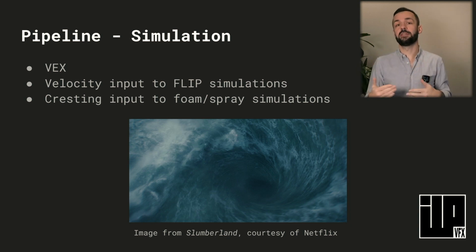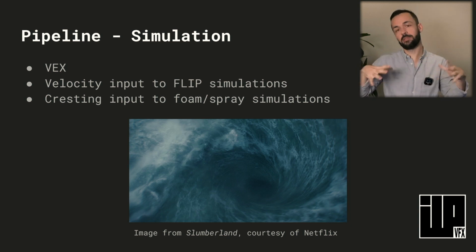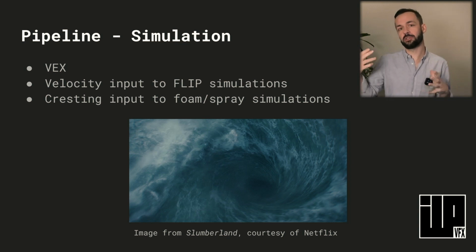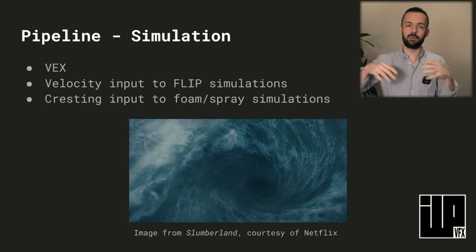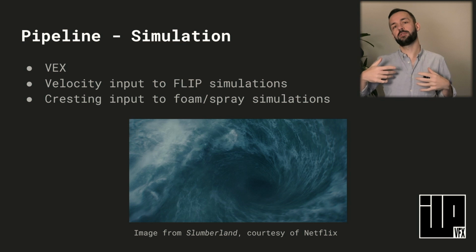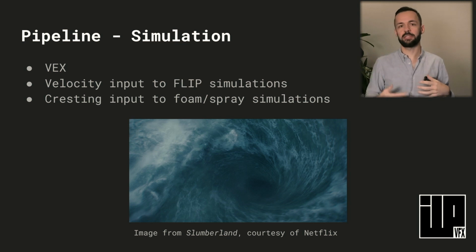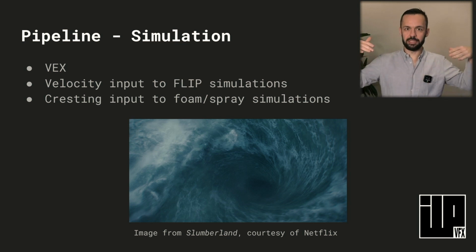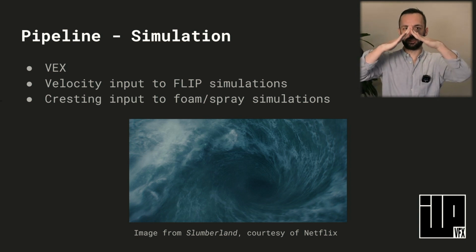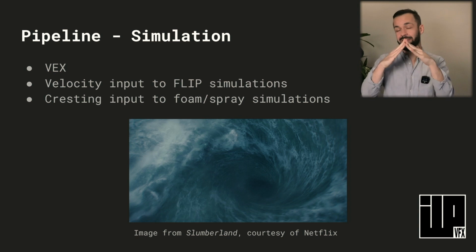And this is where VEX comes in again, because you can set up the simulations and inject the velocities into FLIP simulations very easily without having to create any geometry. You can just go straight to VEX, and with the positions in space where you want to know the velocity, you can just sample it there. You can also sample something called cresting that we mentioned before, which is a measure of how much the waves are self-intersecting when the vertices are being pushed together horizontally to get the sharp cuspy waves.